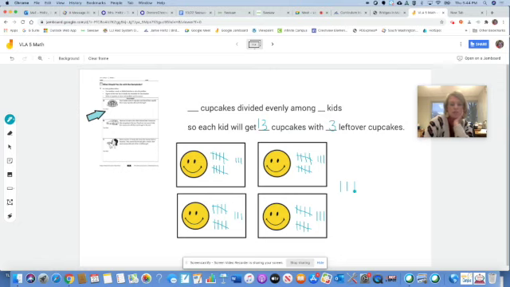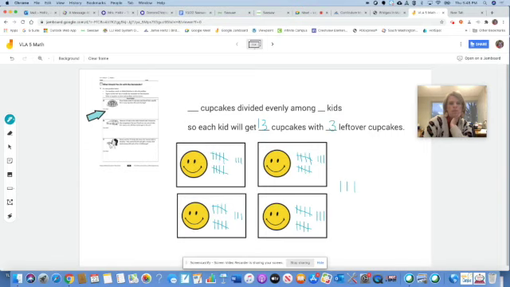Ms. Swanson gave us a hint and she said that you can split up those cupcakes. So how might we split them up? And when I think of splitting food, I think of a fraction. So how would we split up 3 cupcakes for 4 people?